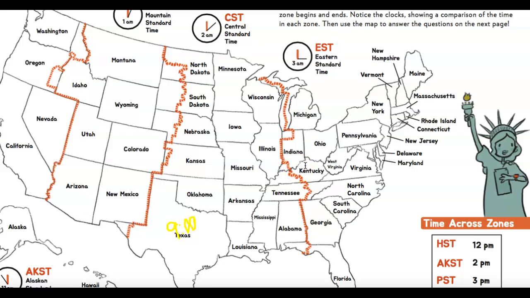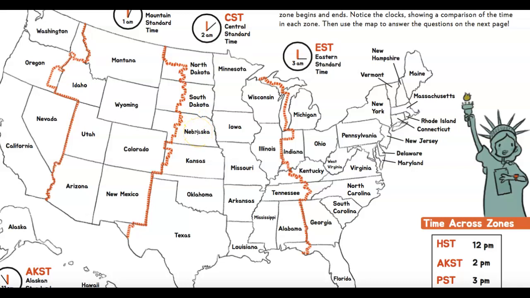Okay. And number 5, what time is it in Nebraska when the sun goes down in New York at 5:20 p.m.? All right, so let's find Nebraska. Here's Nebraska. Well, it's split. It's kind of like Indiana. It's split in time zones, but we'll go with the bigger part of Nebraska.